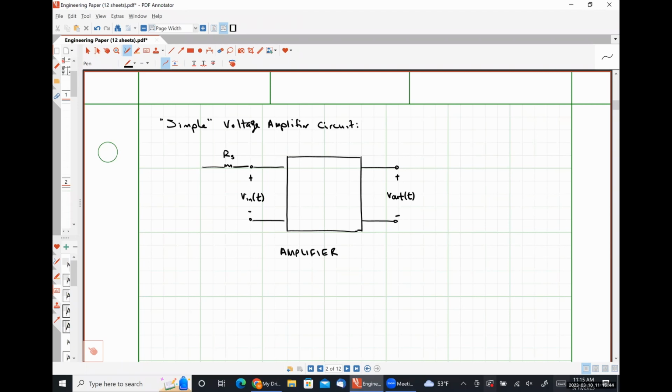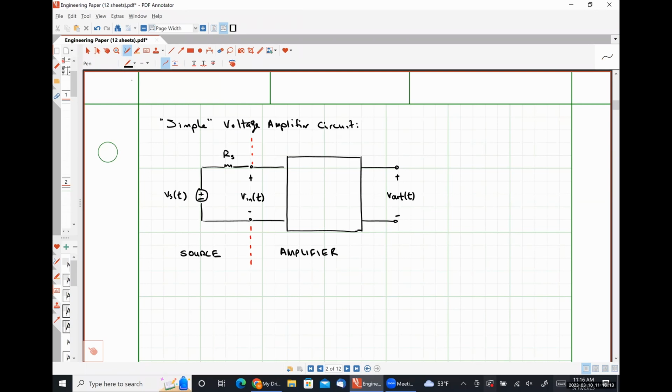So we're going to represent this like a practical voltage source. Like so. So over here, we are on our source or signal side, and I'm just going to put a red line here to break up the stage.